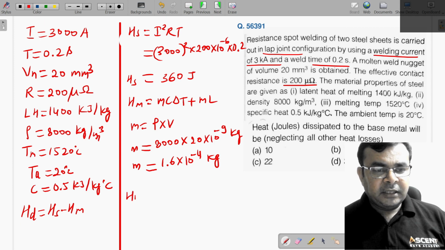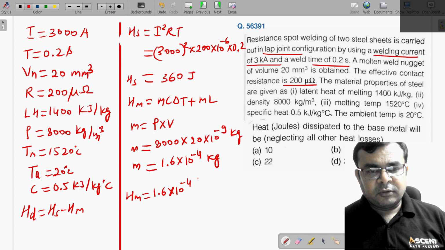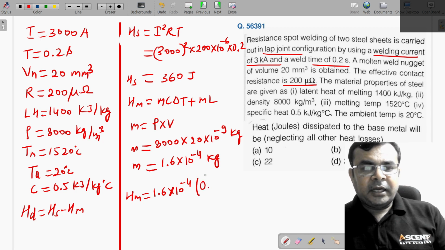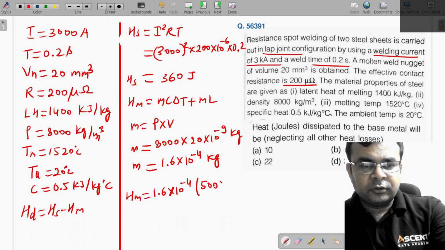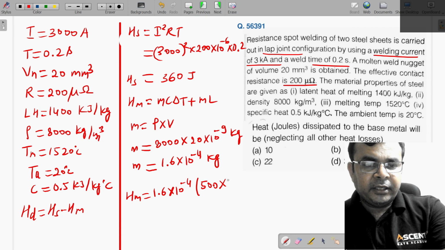So HM is 1.6 into 10 to the power minus 4 kg, into specific heat, this is 0.5 kilojoule, so 500 joule, into delta T, which is 1500.